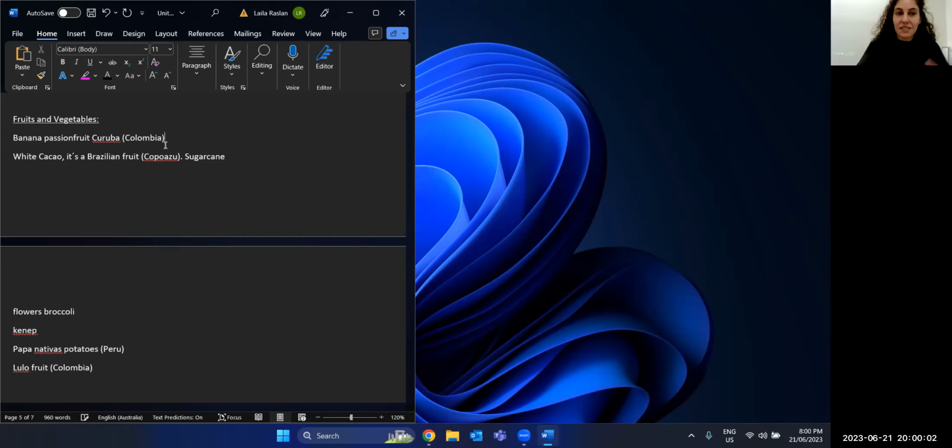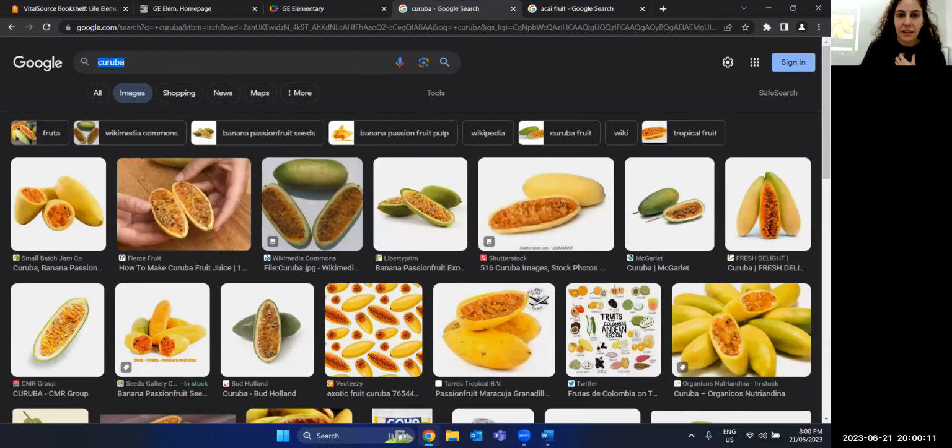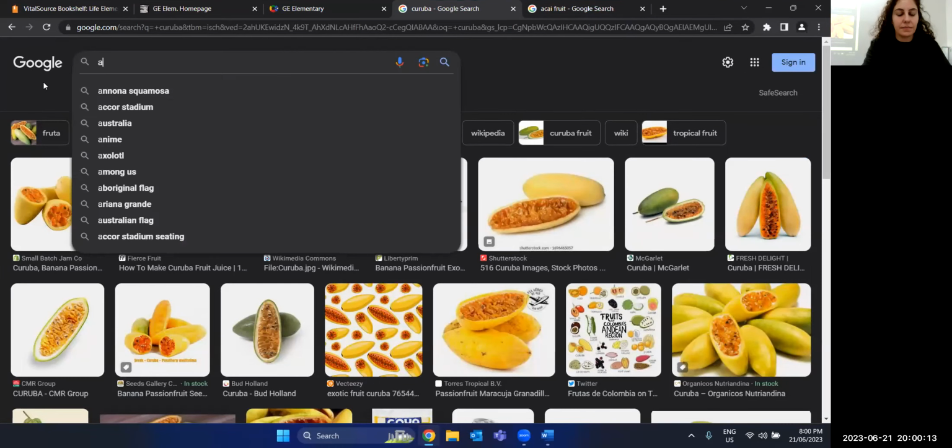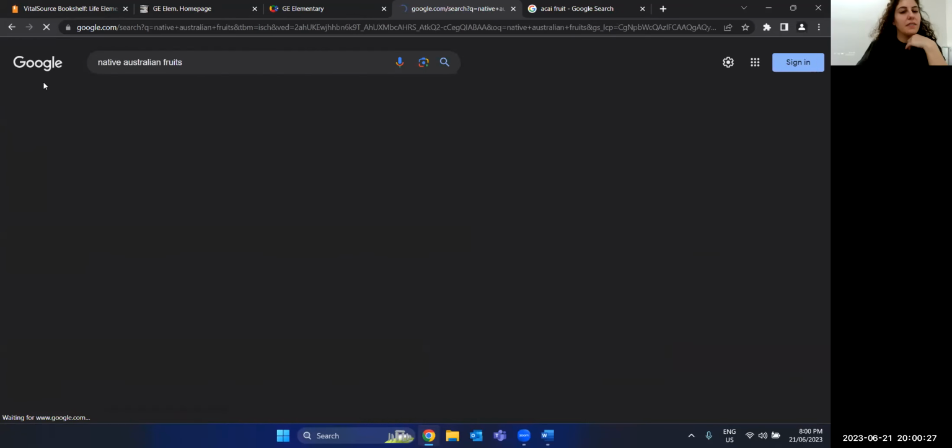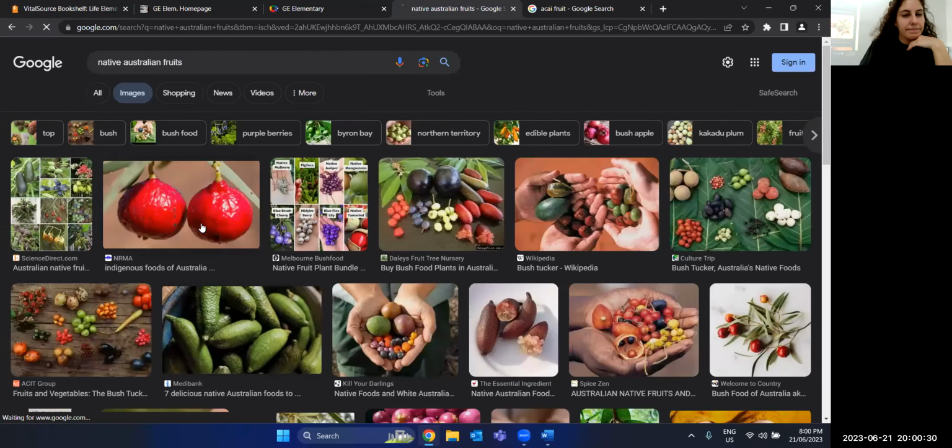Okay, interesting. So we can see that there's fruit and vegetables which are native. Native means it comes from your country. So in Australia, native, sorry, native Australian. I don't know what we have that's native. They're in the bush, you know, like berries.